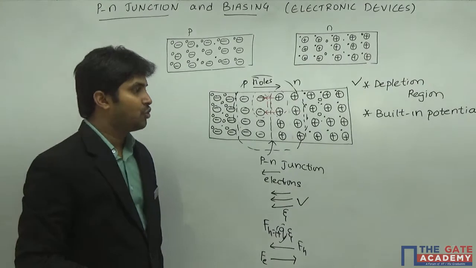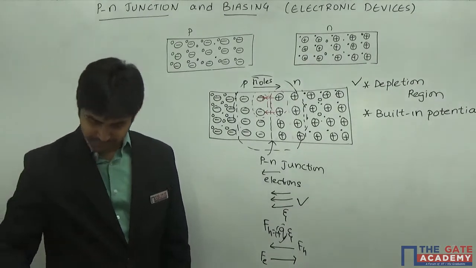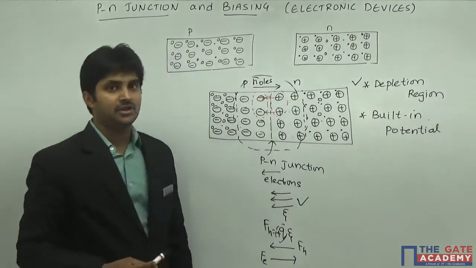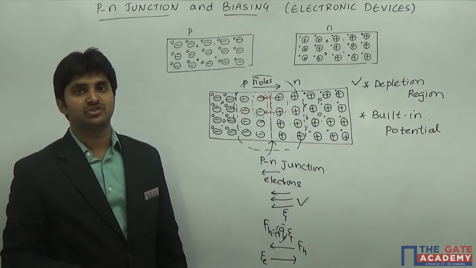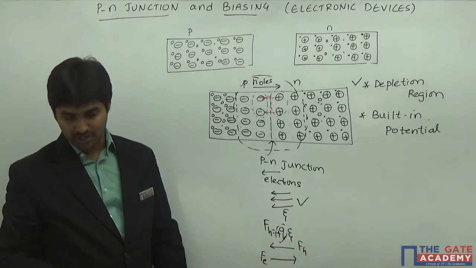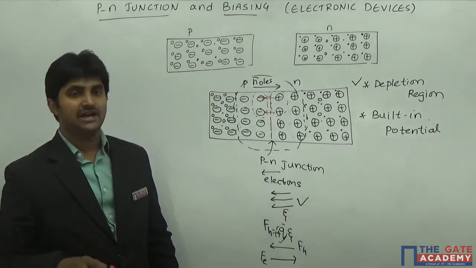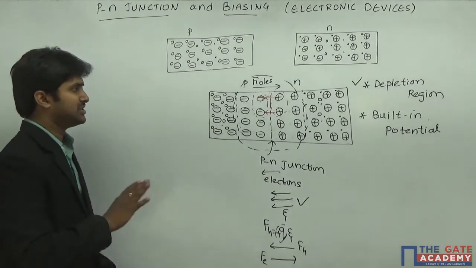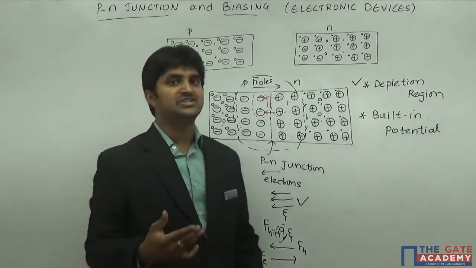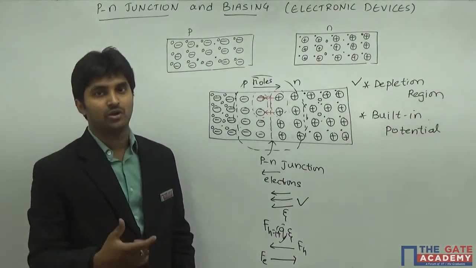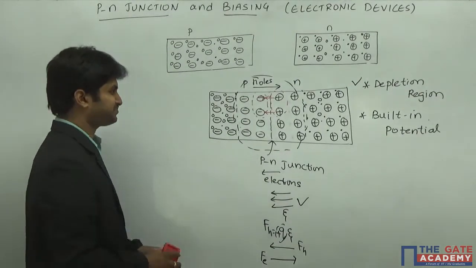A potential generated in the depletion region is what we call a built-in potential, which we can also call a contact potential. So this is the concept of how the PN junction is formed, on creation of the depletion region.